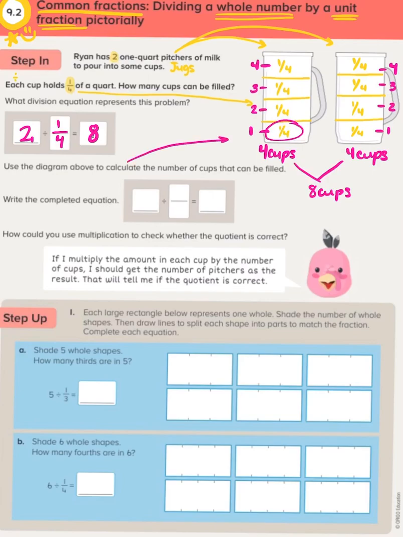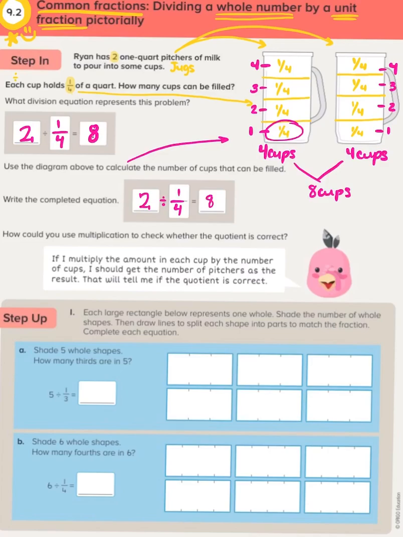We took the jugs and divided them into fourths and counted how many fourths we have. We have 8 fourths, which means I could fill up 8 cups. Now write the completed equation. So we knew we had 2 jugs and we divided them or cut them into pieces of 1/4, which gave us 8 total pieces.